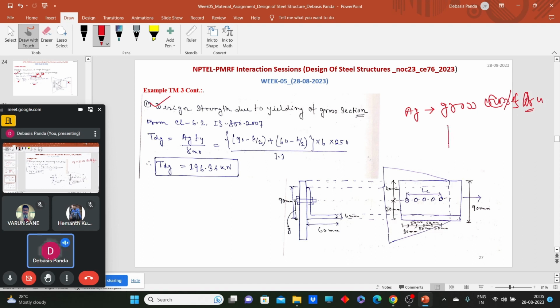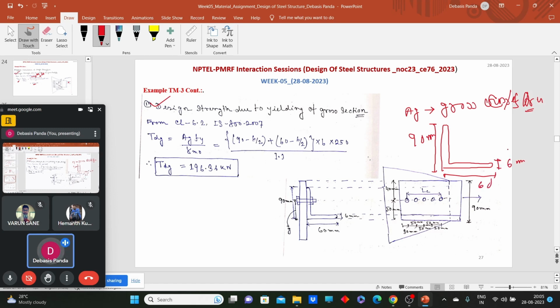Like we have the angle section here. This is your 90 mm, the total leg length is 90 mm. This leg length is 60 mm. And the thickness is 6 mm.